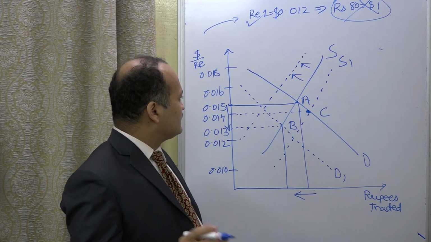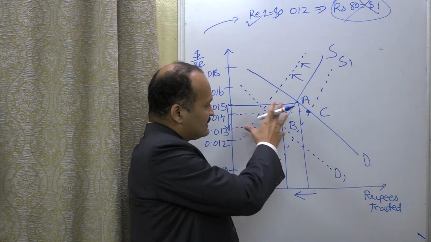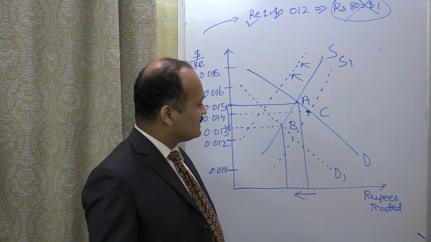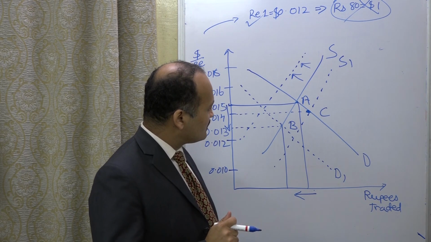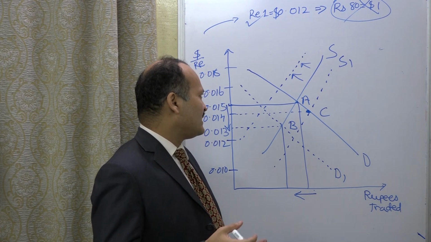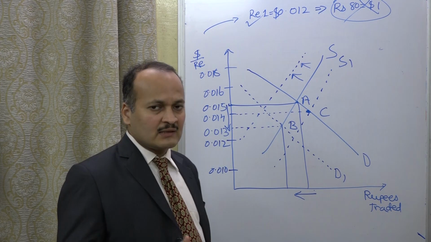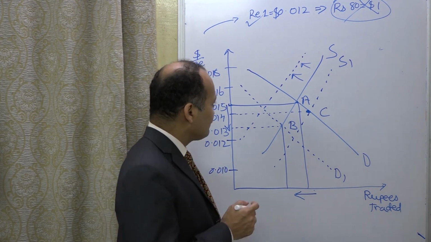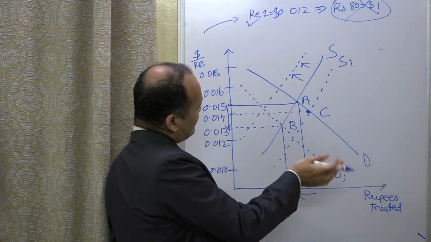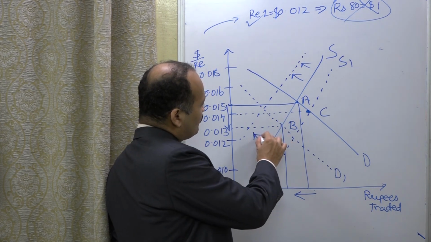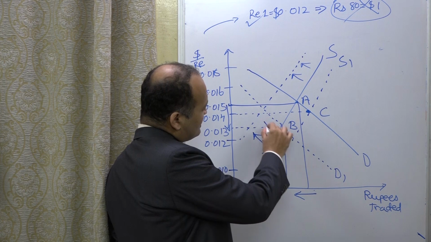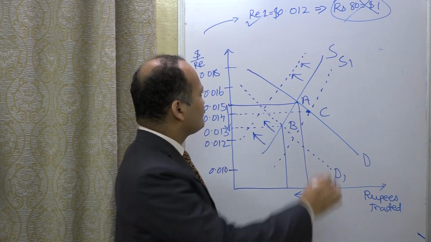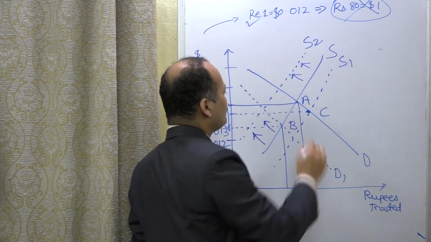Okay, this you can visualize: either the RBI is directly reducing money supply in the economy, which is leading to less currency available for conversion into dollars in the foreign exchange market, and that is reflected through a leftward shift of the supply curve. So the new supply curve is S2.